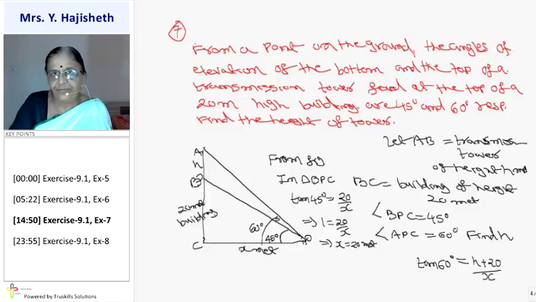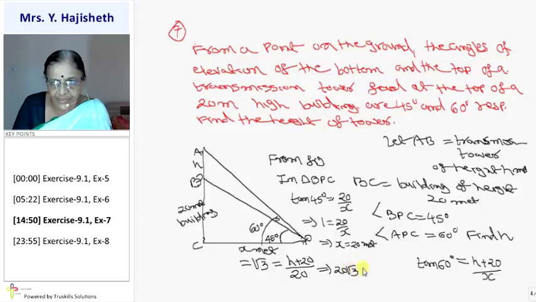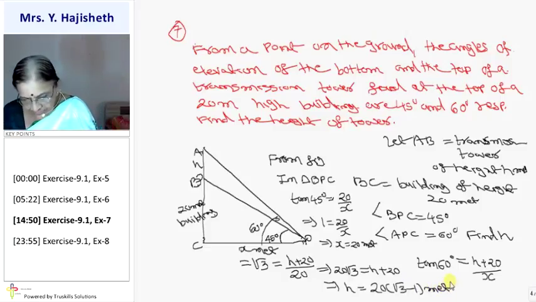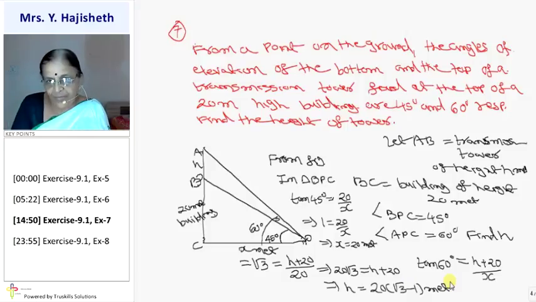In place of tan 60, what will I write? Root 3 is equal to h plus 20 upon x. In place of x I will write 20. So 20 root 3 is equal to h plus 20. So my h will be 20 root 3 minus 20, so 20 common, root 3 minus 1 meter. Clear? What is my h? h is 20 times bracket root 3 minus 1 meter.